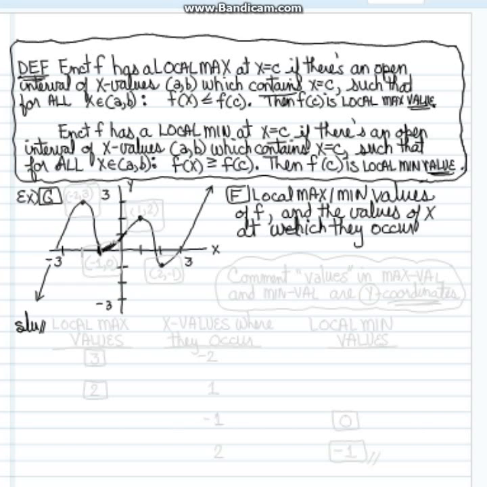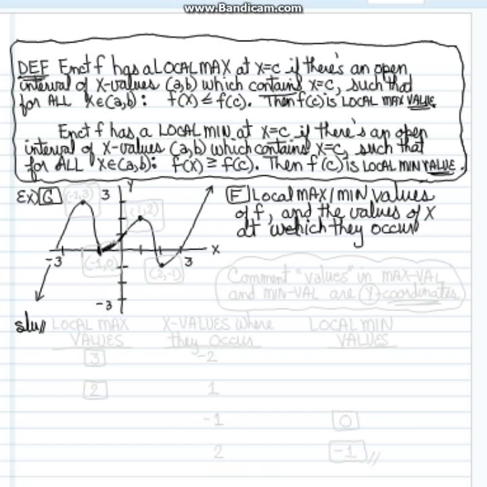The function f has a local minimum at x equals c if there's an open interval of x values from x equals a to x equals b, which contains this x equals c, such that for every x on that open interval from a to b, their y partner will always be greater than or equal to the y partner of c.